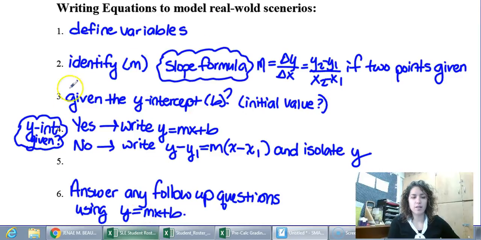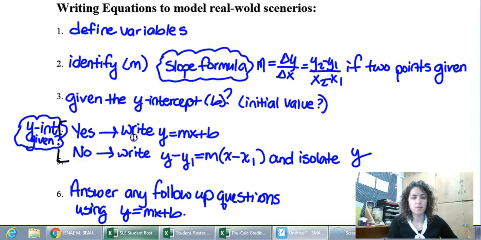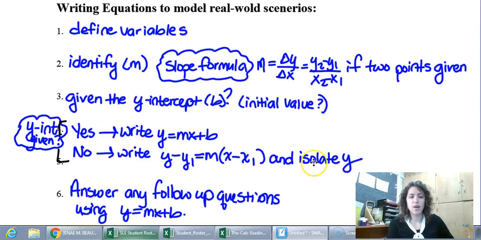So I guess you could say like 4 and 5 kind of go together, based on whether or not you're given the y-intercept. So these steps you'll have to reference for all of our real-world practice. Let's take a look at our first real-world scenario.